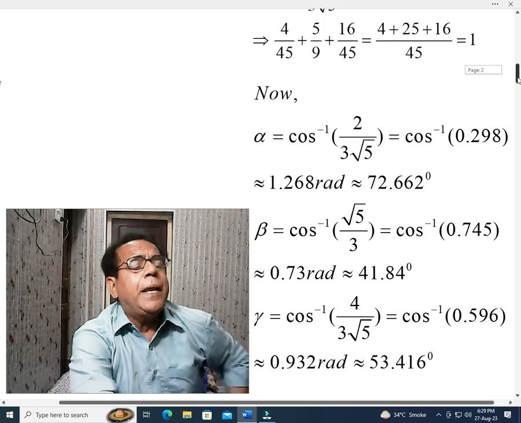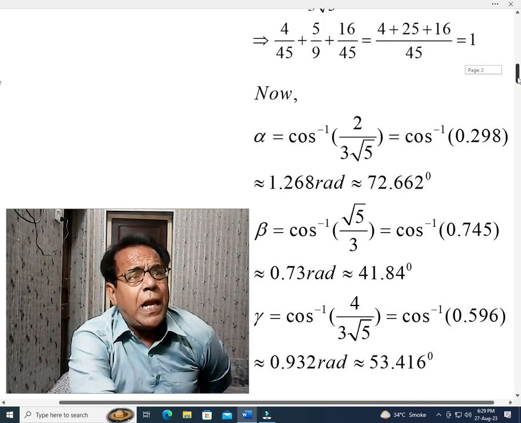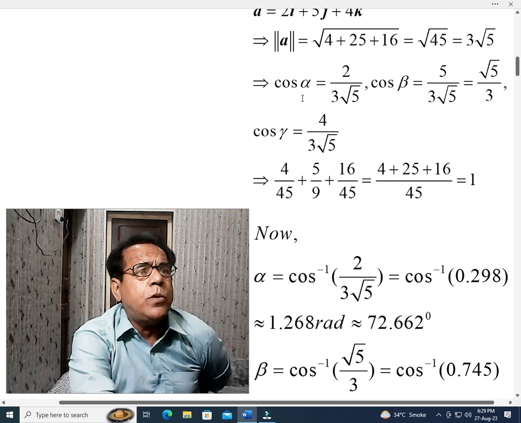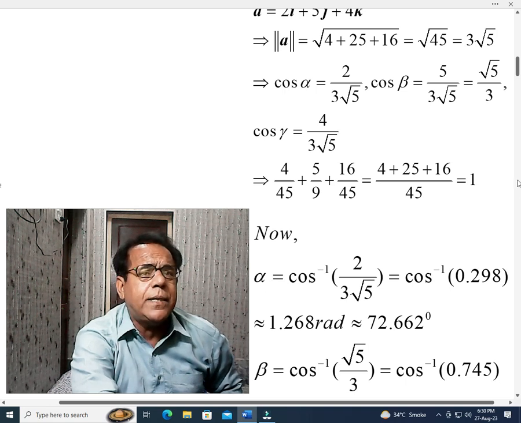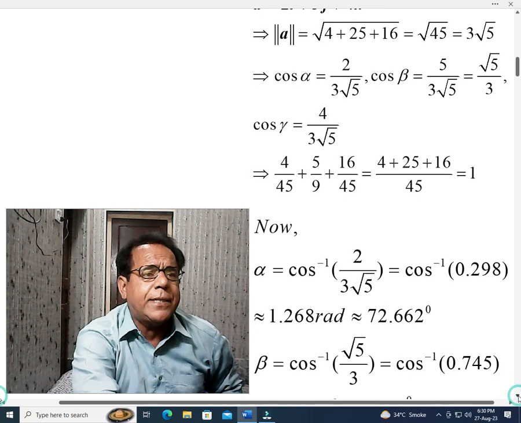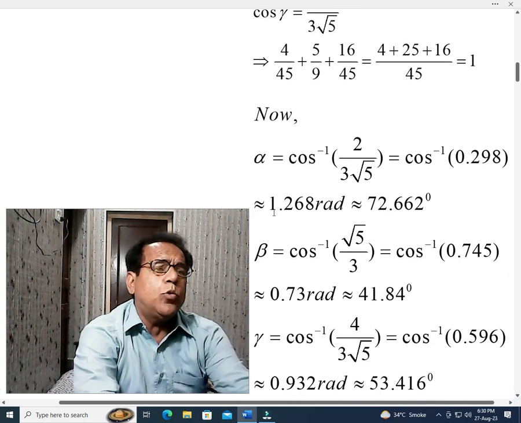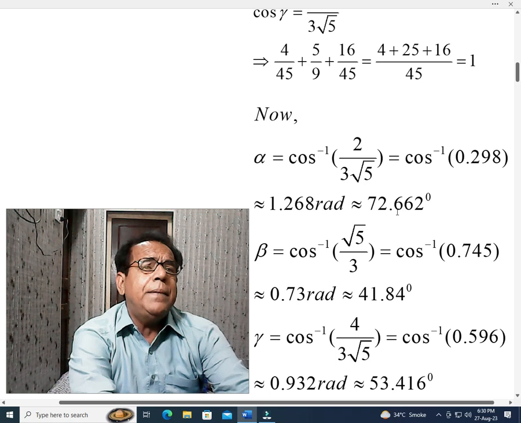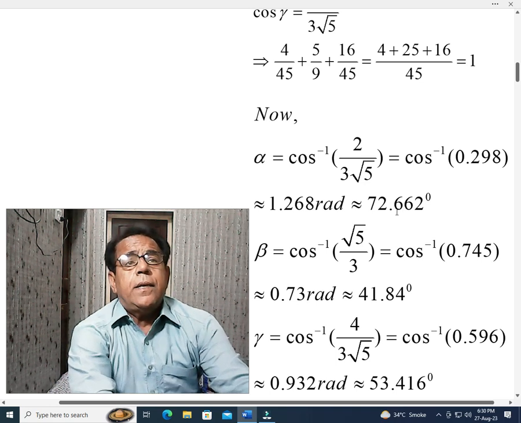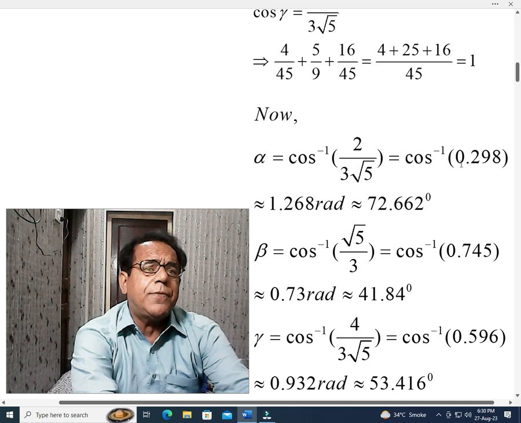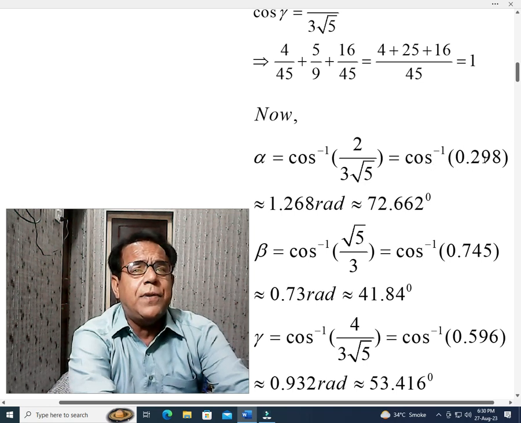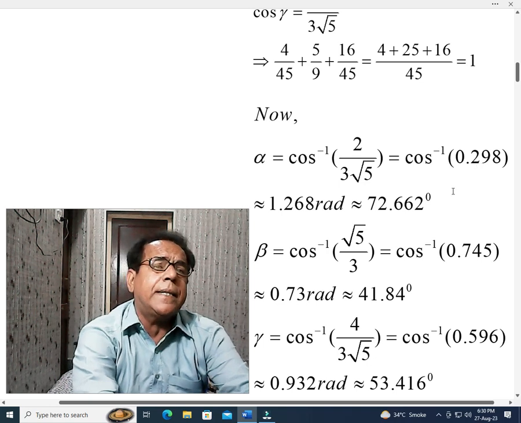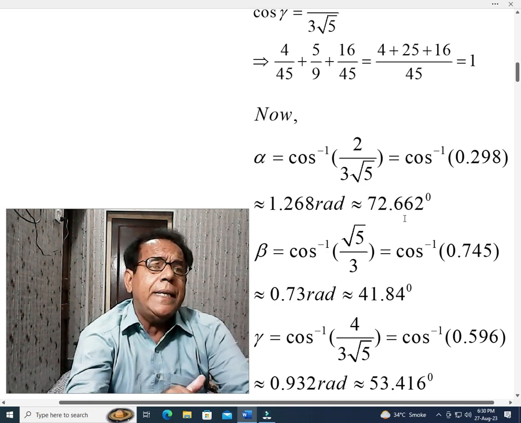Now we find the values of alpha, beta, gamma. When cos alpha is equal to this, then alpha will be equal to cos inverse of this, and its value in radian is equal to this, and in degree it becomes equal to this. After simplification, I have taken the value of cos inverse 0.298 from the internet, from an online converter.